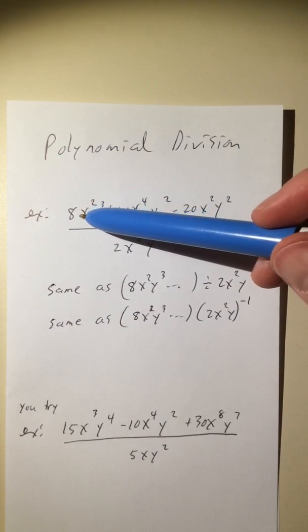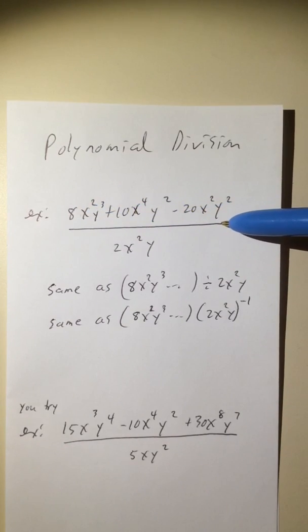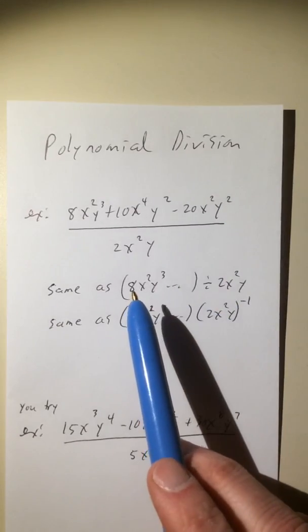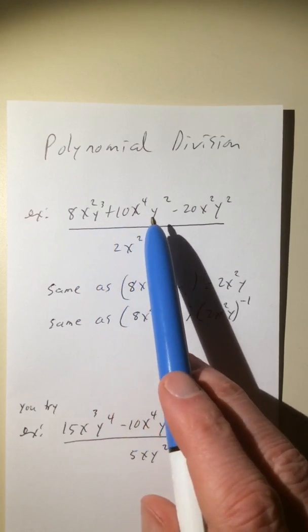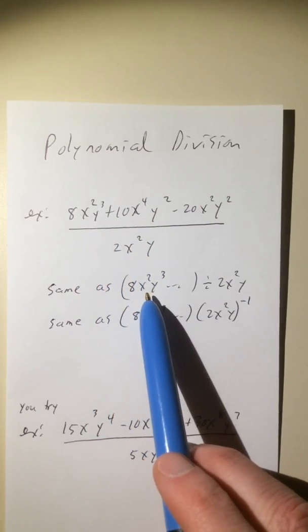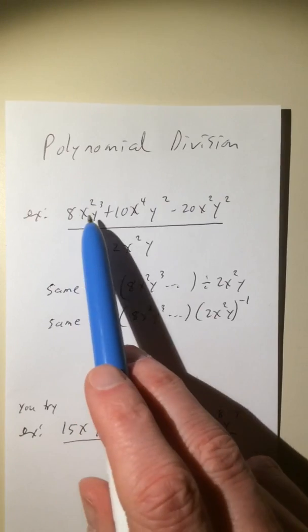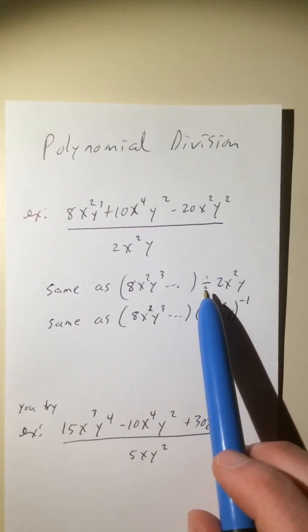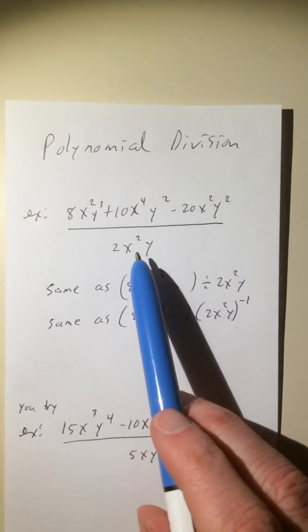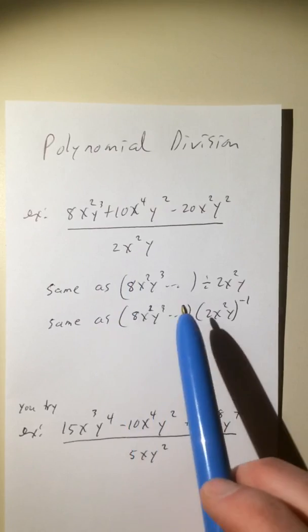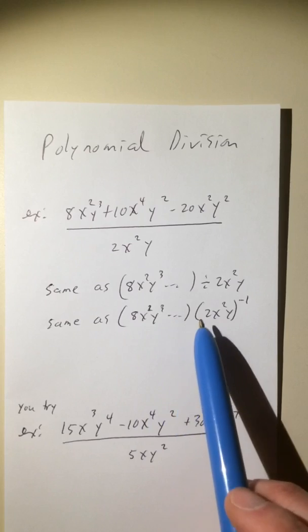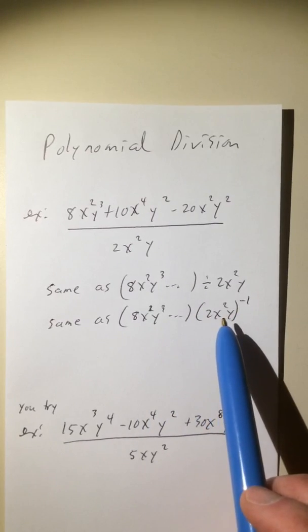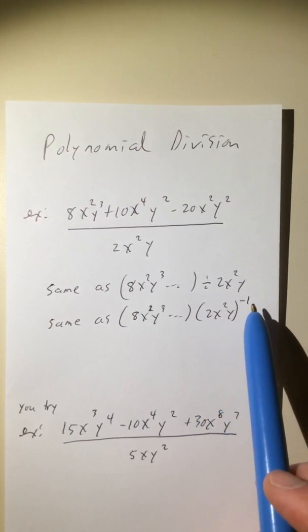We could write a division problem like this with this division bar. This line really means division. Or we could write it as, instead of writing out this whole thing, 8x squared y cubed plus 10x to the fourth, and so on. I wrote just the first part. So we could write this thing here with a division sign, 2x squared y. Or we could write the whole thing again, times something, in this case 2x squared y, to the negative 1 power.